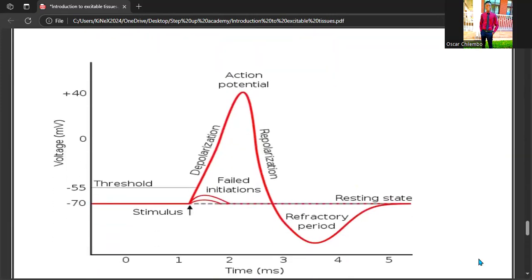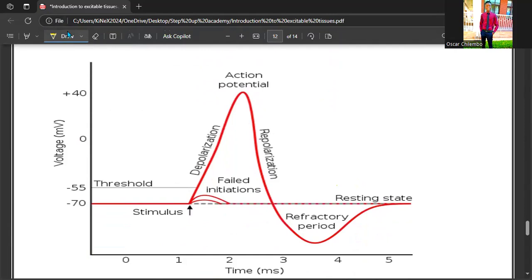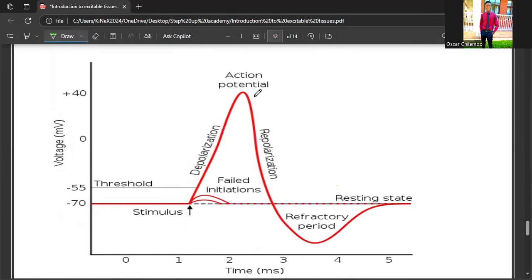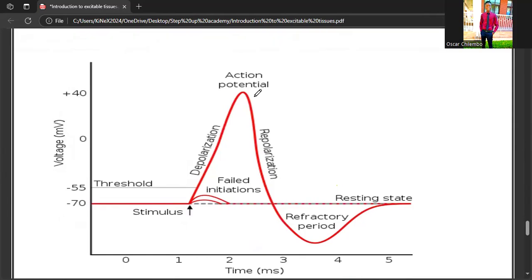So we actually have this diagram. So what really happens? How is an action potential generated? That's what we're interested in here. Okay, now in the introduction to physiology, you learned the functional morphology of a cell.